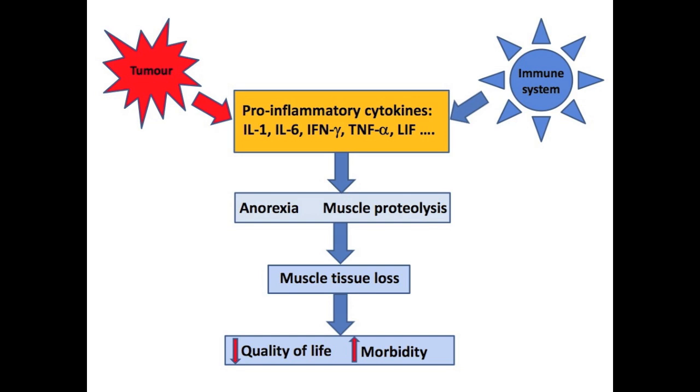Those proteins cause anorexia and cause loss of muscle protein, body wasting. Now we've got muscle tissue loss. This obviously reduces quality of life and increases morbidity and maybe even mortality. So these chemicals are important in classic inflammatory conditions and in people bearing tumours.